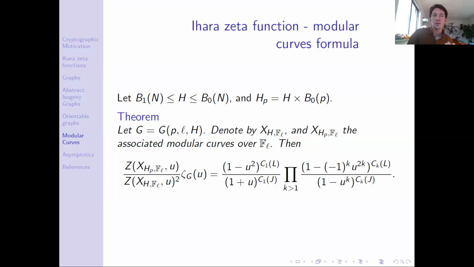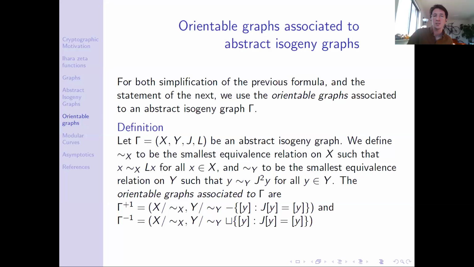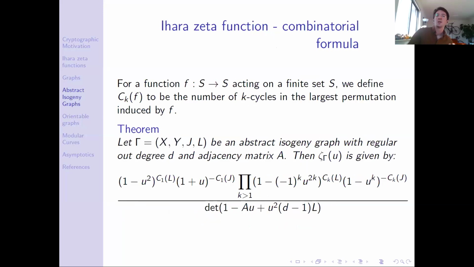It might actually be easier to see why these Euler characteristics show up if I go back to the combinatorial formula. If you look at the numerator in the original Ihara determinant formula, you get the Euler characteristic of the graph showing up. If you think of this as an undirected graph, so J is a fixed-point-free involution, then L is the identity.